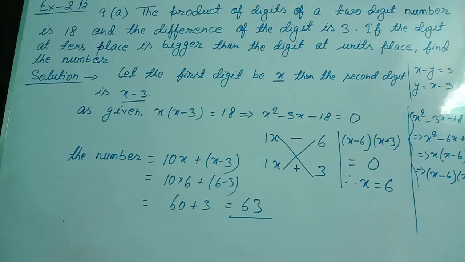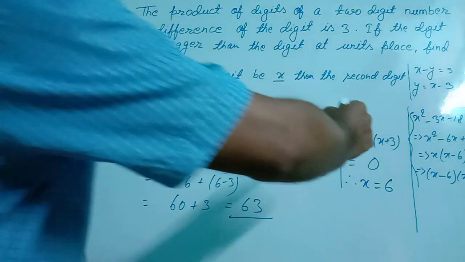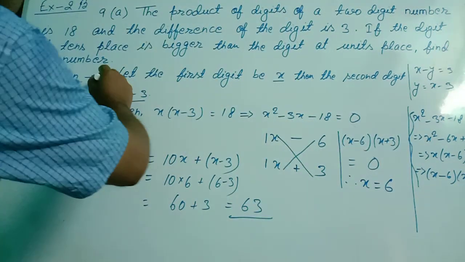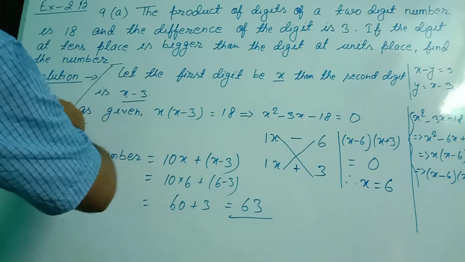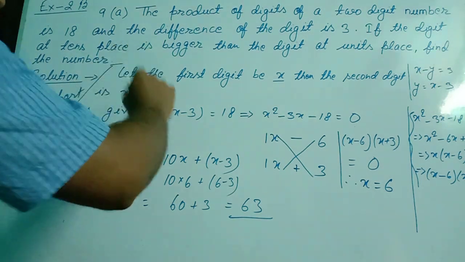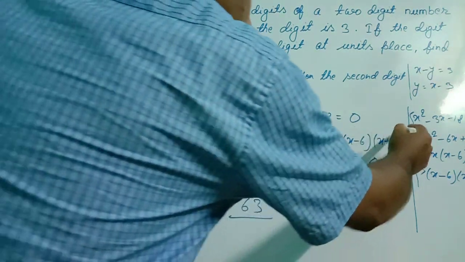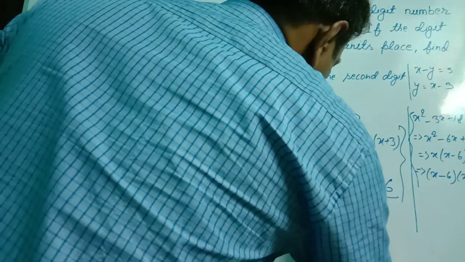There are three parts. At first, to frame the quadratic equation, till here. This became the first part. Second part, I have applied this trick. This is the second part.